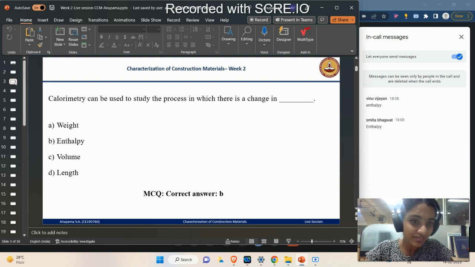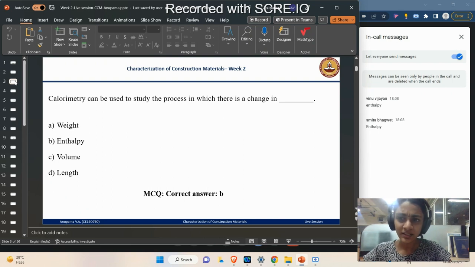Someone please put it in the chat box. What kind of a reaction is cement hydration? Yeah, it's an exothermic reaction. So it liberates heat, and obviously there is an energy difference, an enthalpy difference. So calorimetry can be used to study processes such as cement hydration.